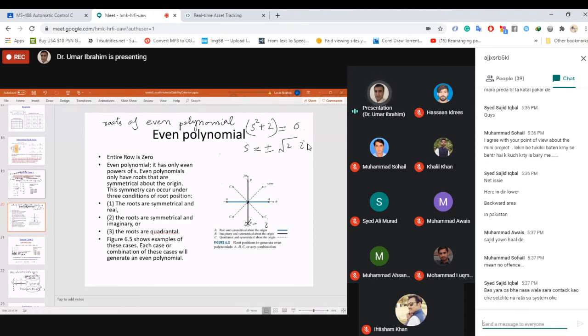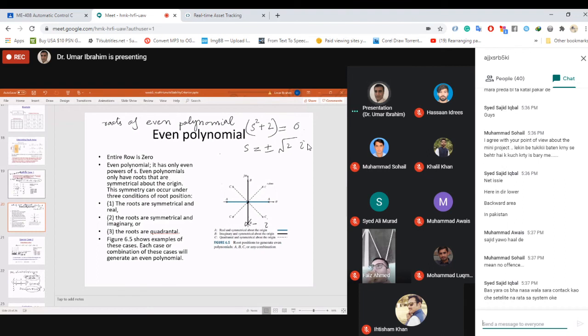If you have a pure even polynomial, then the roots of that pure even polynomial will follow the restriction that all the roots will be mirror images of each other. They will be mirror images of each other; they cannot be anything else.